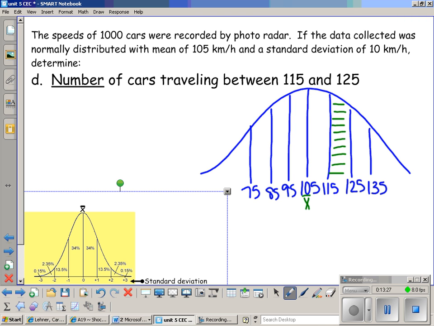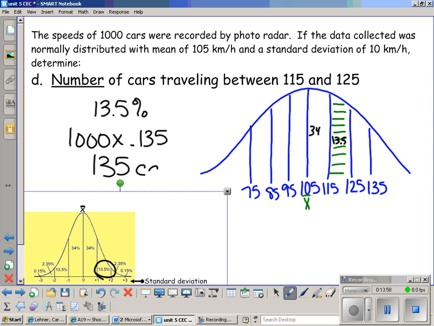So we are looking for the percentage of data that is between the first and second standard deviation. So we are looking for 13.5% of our data. That's what falls here, because we've got a 34 and then our 13.5. So you got 13.5% of the vehicles. So you go 1,000 times 0.135, divide your percentage by 100, and you have 135 cars that traveled between those speeds.